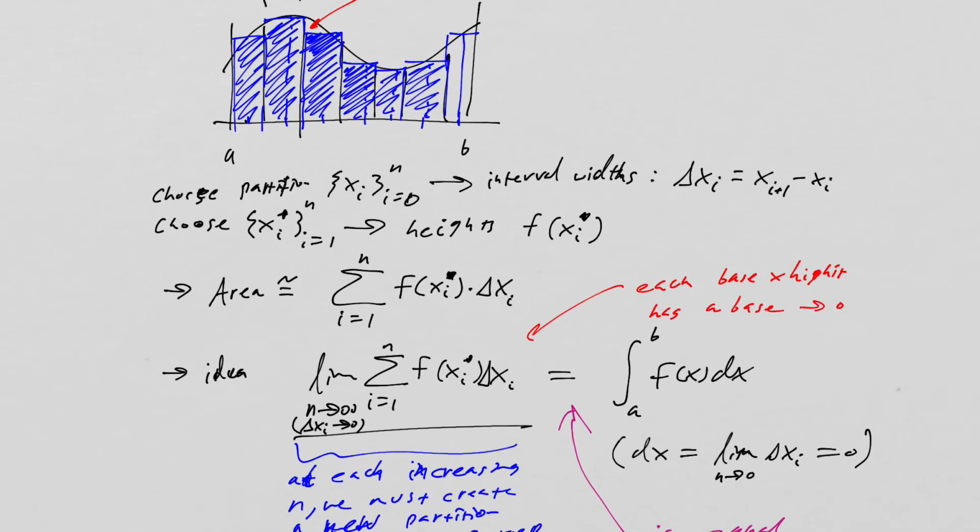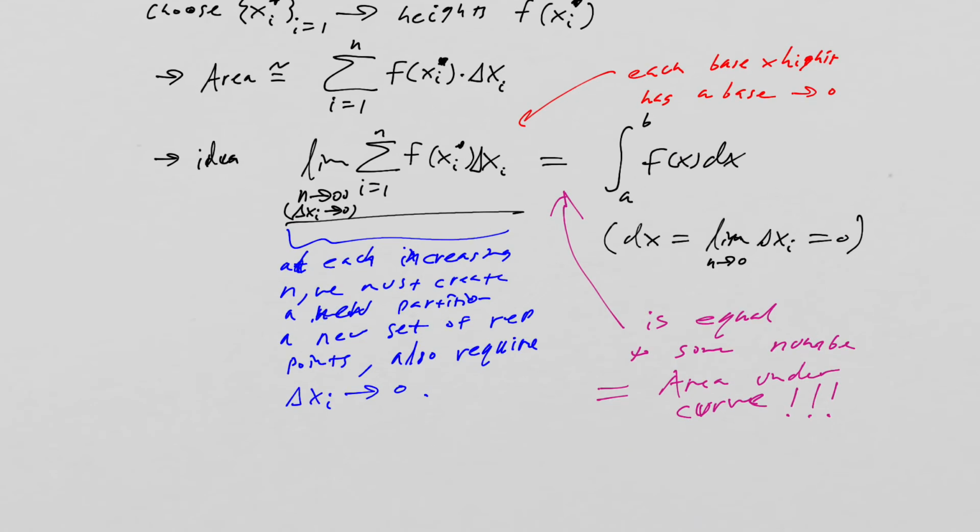And the idea here is that as the partitions get finer and finer and finer, all those little over and under approximations all go to 0. We no longer have those areas because our partitions get narrower and narrower, and we're able to fill in all of that area through the whole thing. So that is the definition.